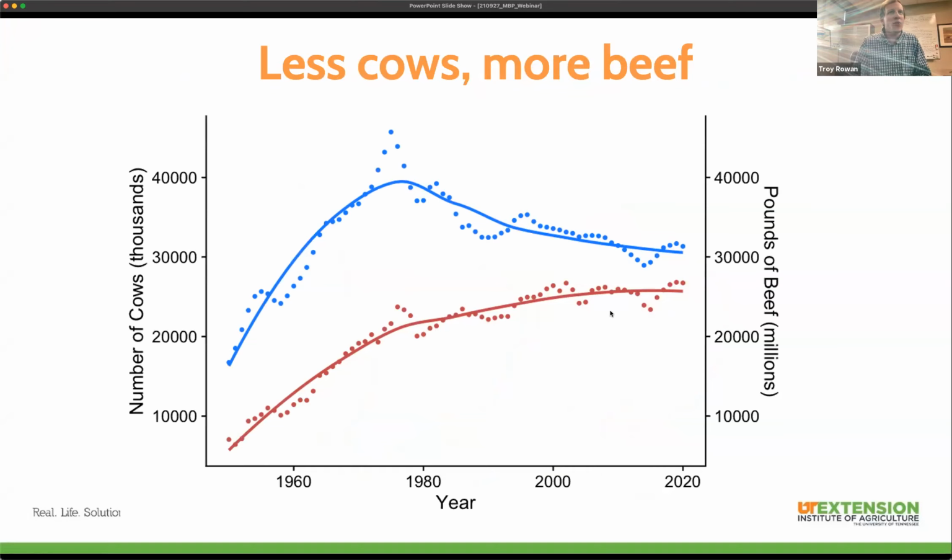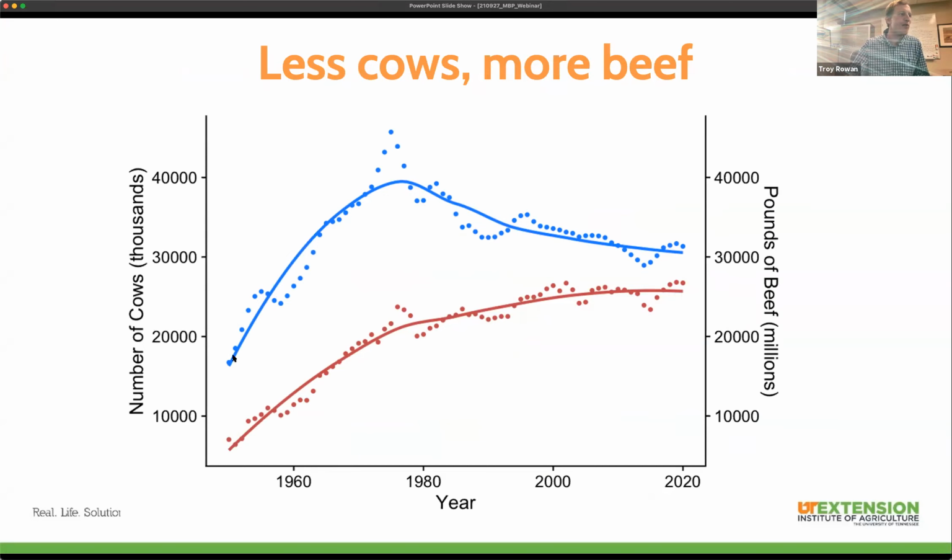And I think the reason that this is necessary, right, that we have to keep pushing this genetic selection envelope, is that we need to continue to do more with less, right? So this is an image, and I realized that I forgot to plot the colors here, but in the blue we have the nation's cow herd.